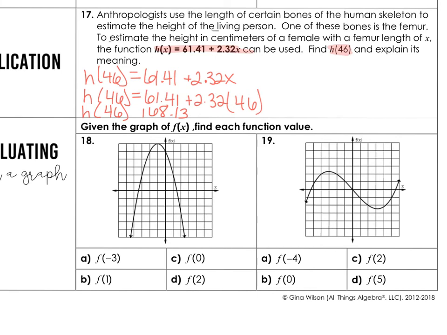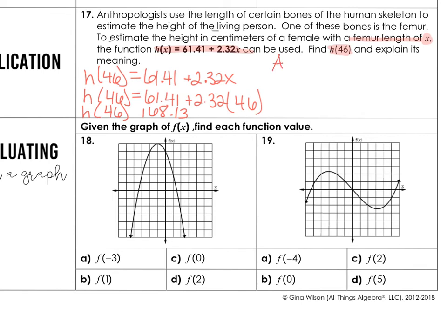So we know that if I go back and look for x, which is here, that is the length of the femur. So that tells me that when they put a 46 there, that's the length of the femur.